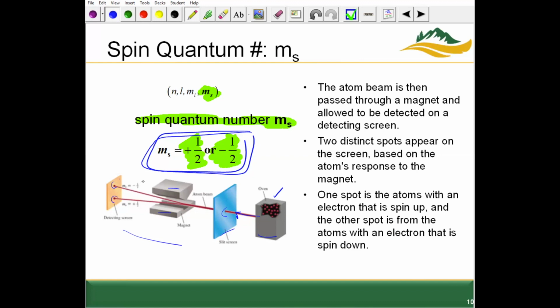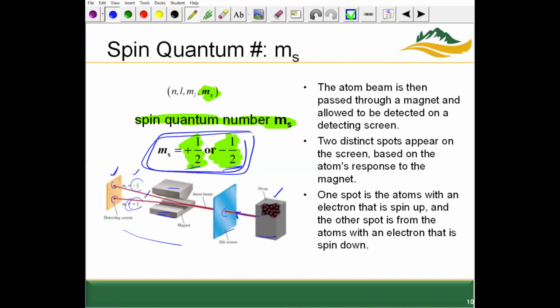That denoted a spin down orientation of the electron and spin up, based on the polarity, the positive and negative areas on these magnets. We saw two different spots on this detection screen, again denoting spin down and spin up, or -1/2 and +1/2 respectively.